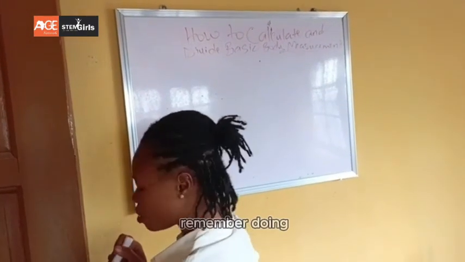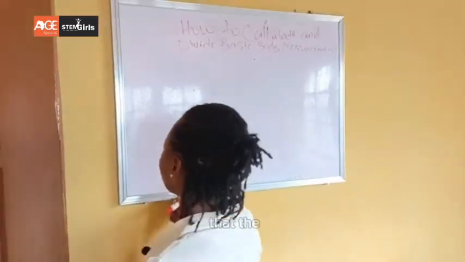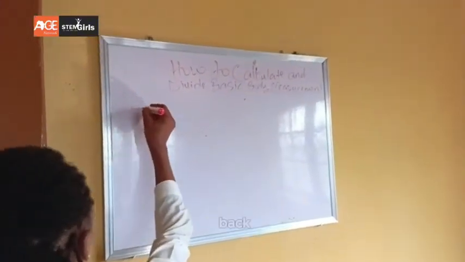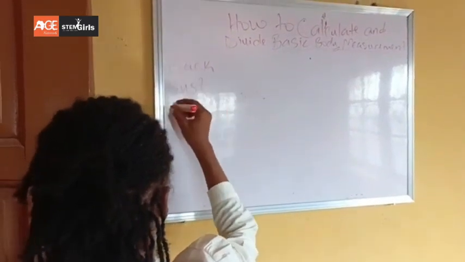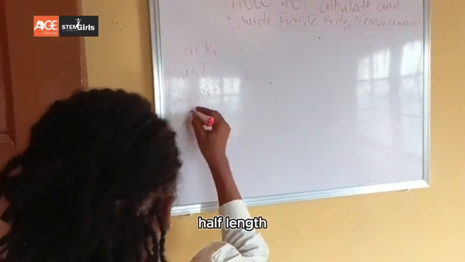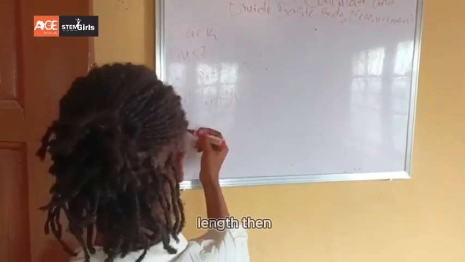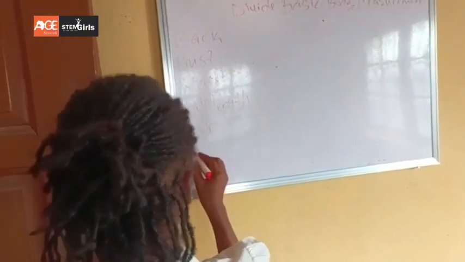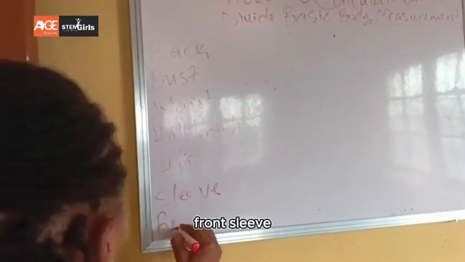So if you can remember, during the last video that I uploaded, I explained that the basic body measurement consists of the back, the bust, the waist, half length, the hip, the sleeve, and the round sleeve.